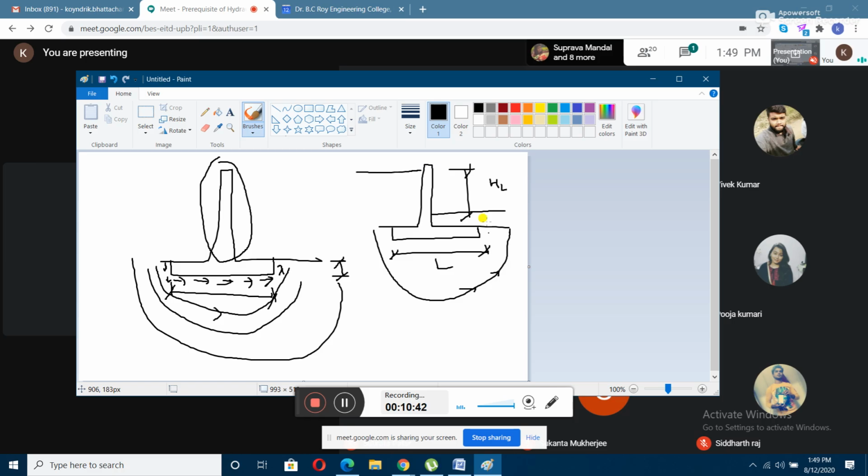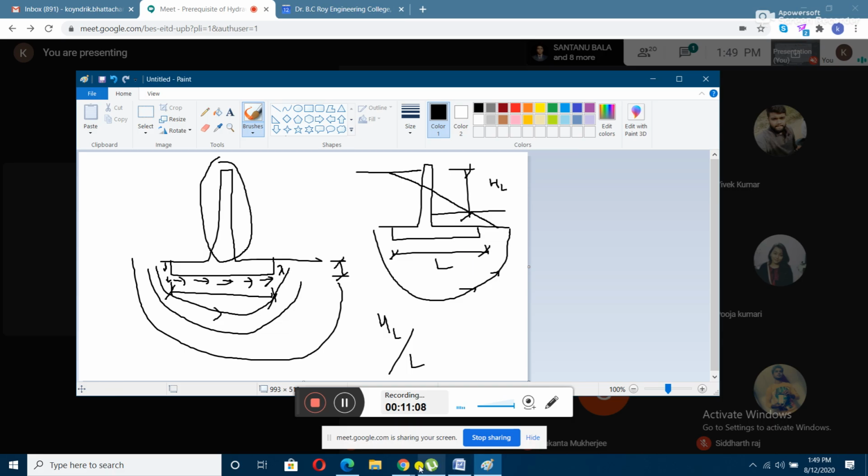So the head loss per unit length is HL divided by L. He assumed that this value will be constant throughout, and the hydraulic gradient line will look like this. As this is constant, your hydraulic gradient line will be a straight line.